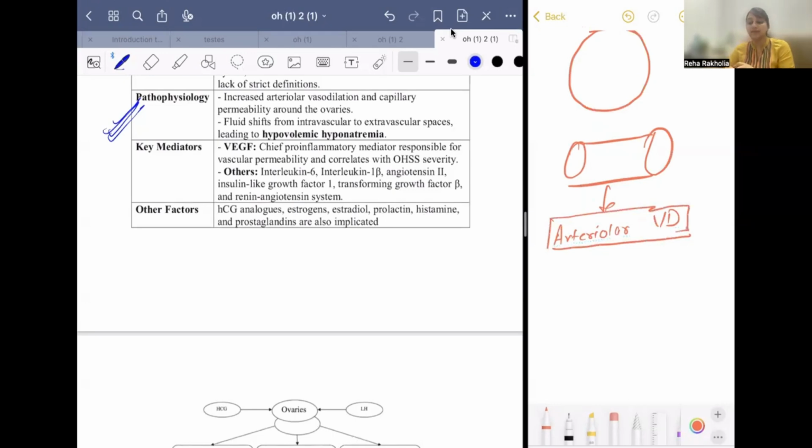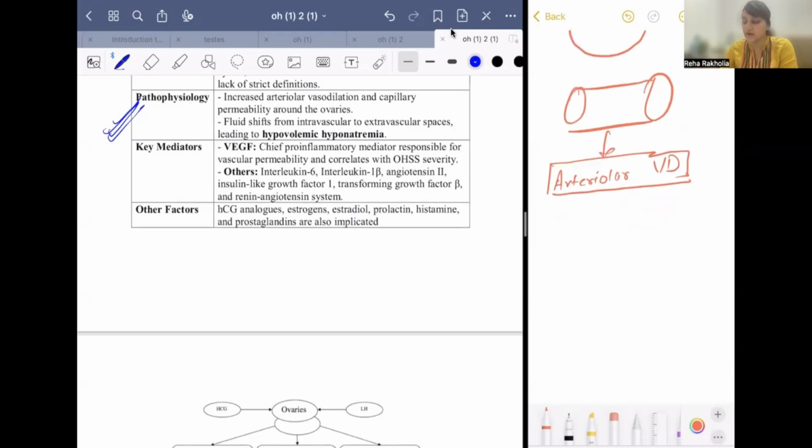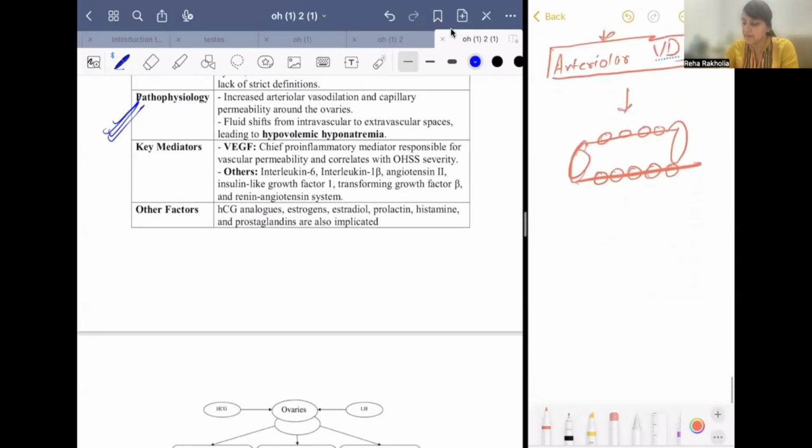At the same time, the walls of small blood vessels called capillaries become more porous or leaky. This increases capillary permeability, allowing fluid to escape from the intravascular space into the surrounding tissue, the extravascular space.